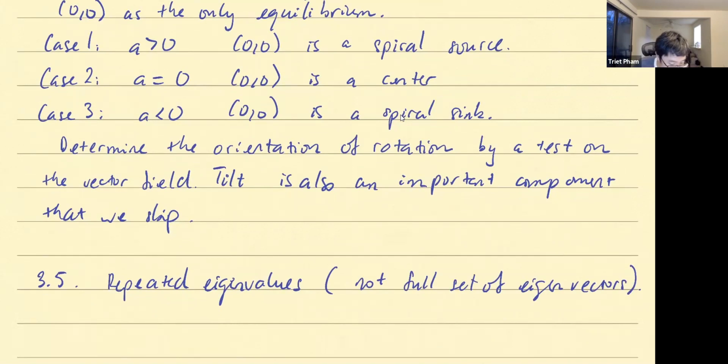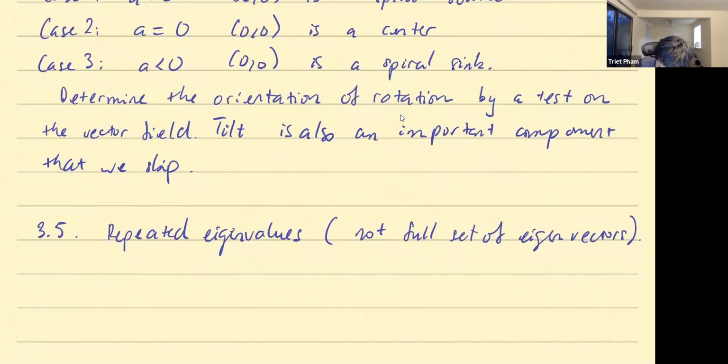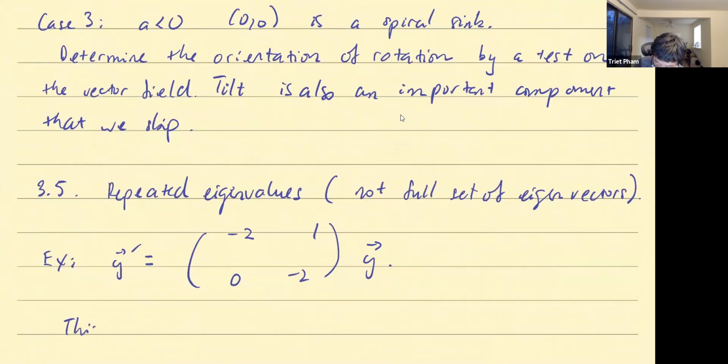Let's see if there's an example that we can use. Let's consider an example: y prime is going to be [-2, 1; 0, -2] y. This one can be done; this is a partially decoupled system.